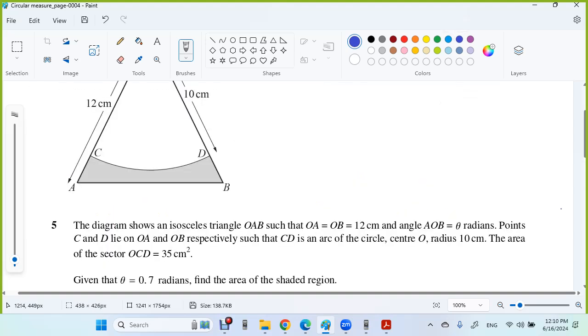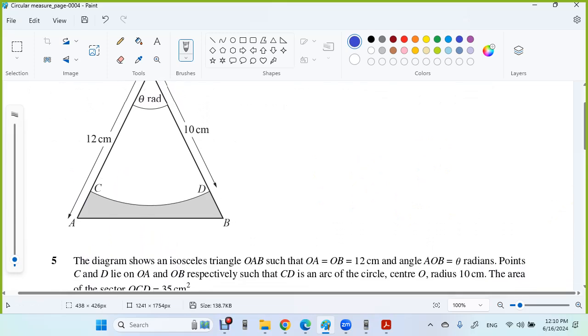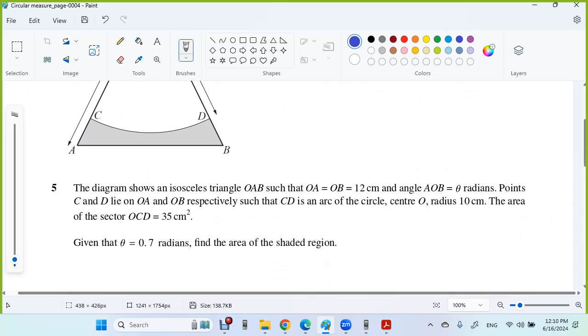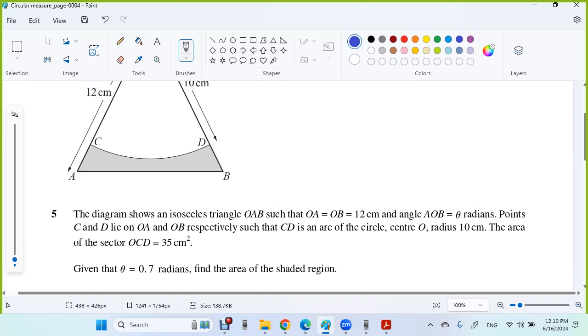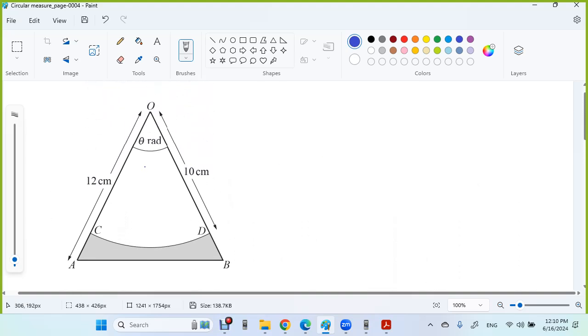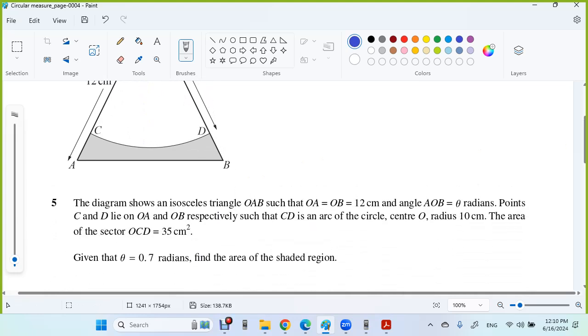Question number 5. This one is the same as question number 3, but they want to find the area of the shaded region in this question. So this is 0.7 and then 35.